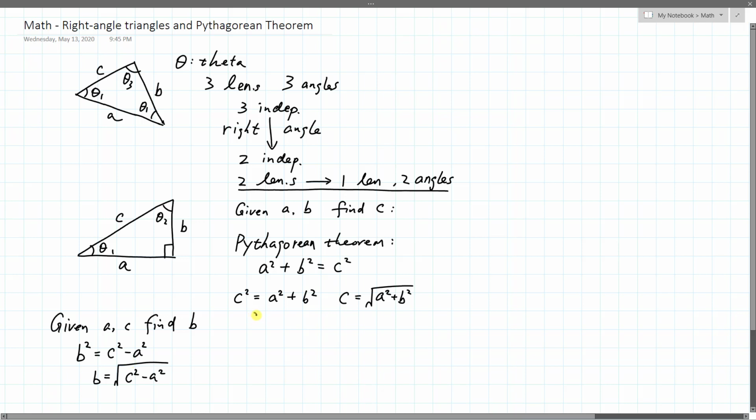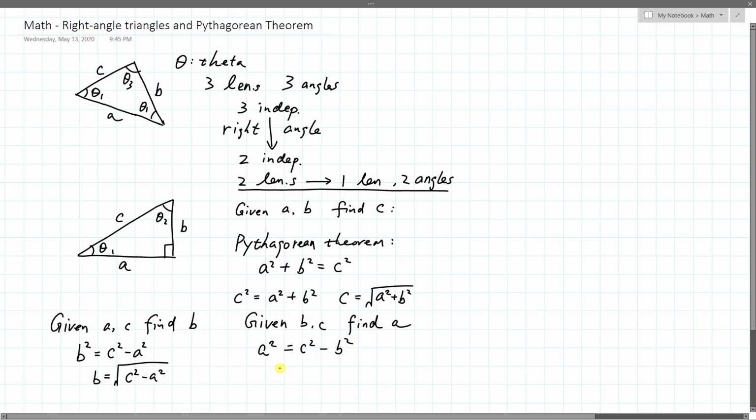And the same type of question, if we have B and C, there's only one other variation. Let's find A. The same thing we can do: subtract B squared on both sides, and we get A squared is equal to C squared minus B squared.